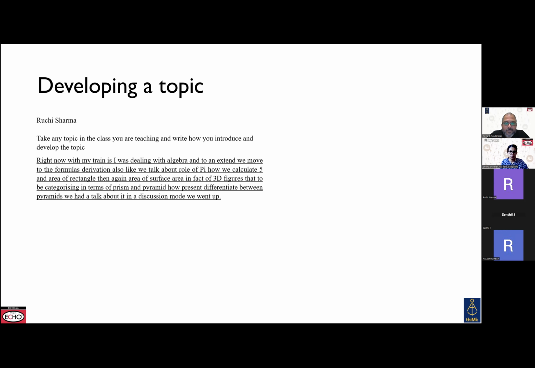What I remember now is when I was dealing with algebra in my class. I was teaching my DLA trainees about algebra, and I started with examples of ice cream sticks. We were creating patterns, and I asked them to generalize the formula.